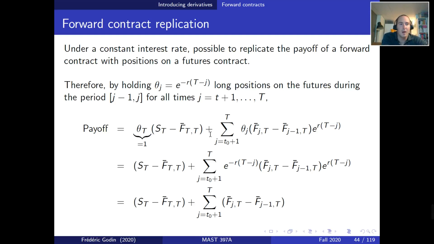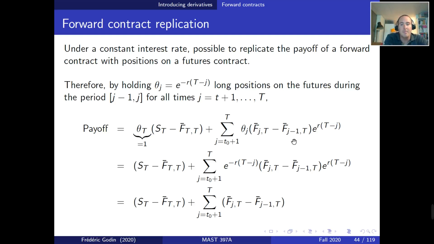Plus, for all prior time steps, the cash flows associated to the portfolio. So for any time step j, you receive theta j, the number of futures positions you hold from time j minus 1 to j, times the cash flow at time j for a single futures position, which is the difference between the futures prices, as we defined the cash flow for a futures contract.